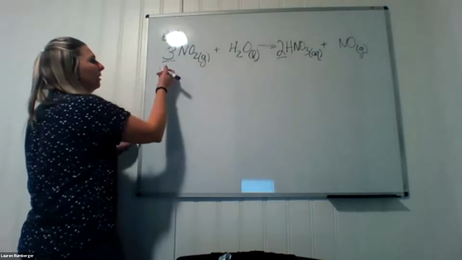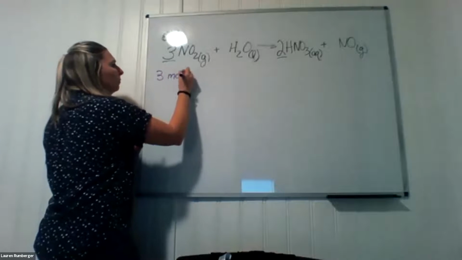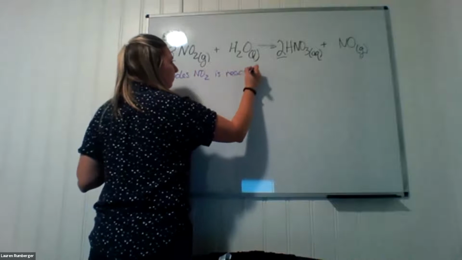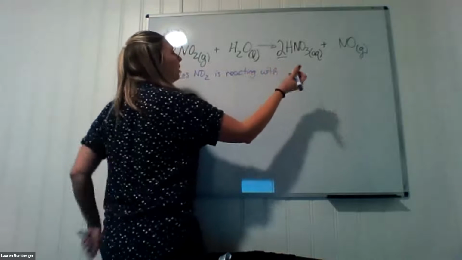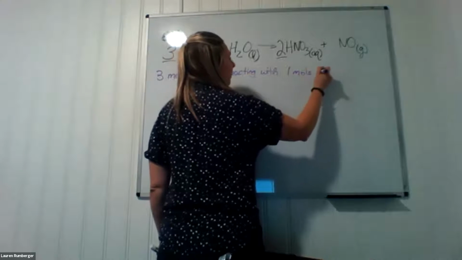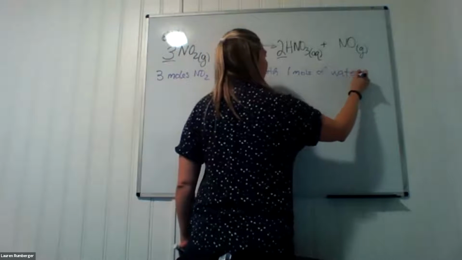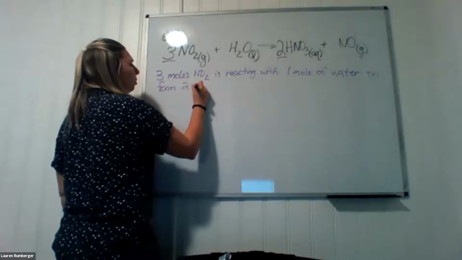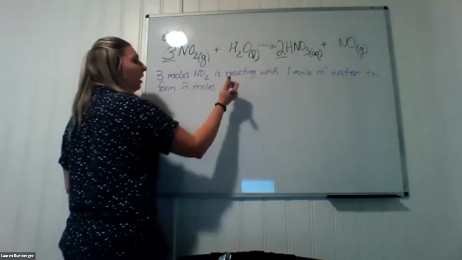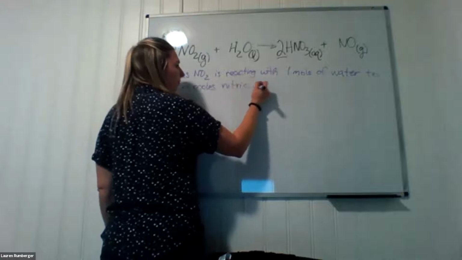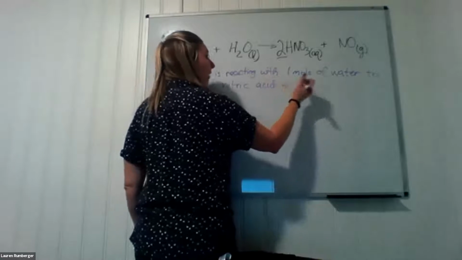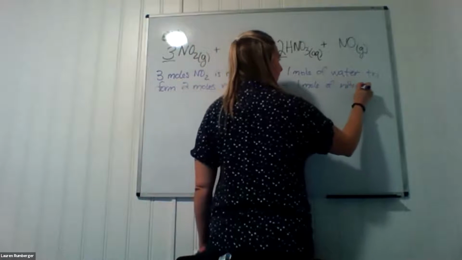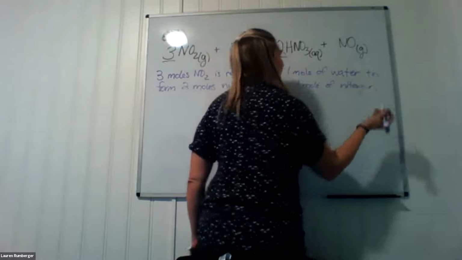So the recipe here is telling us that 3 moles of nitrogen dioxide is reacting with 1 mole of water to form 2 moles of nitric acid and 1 mole of nitrogen monoxide.